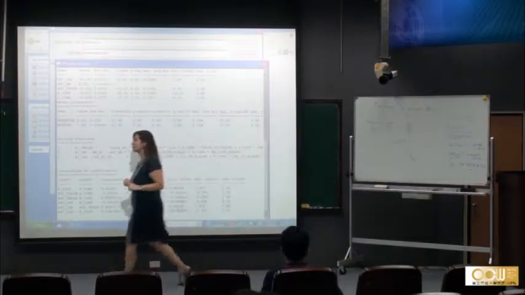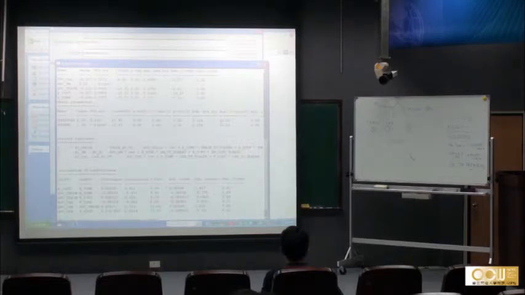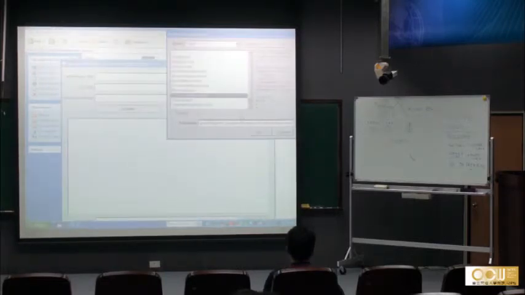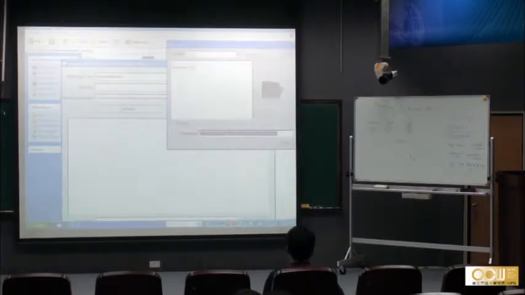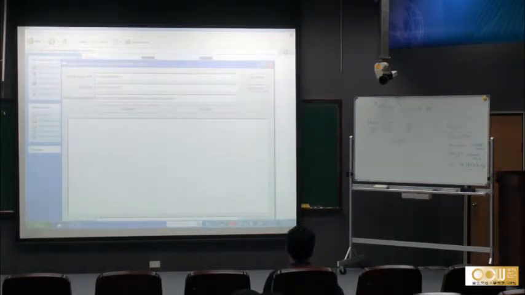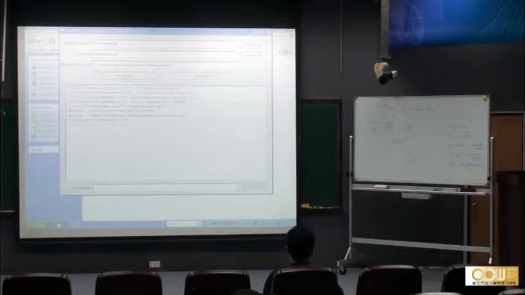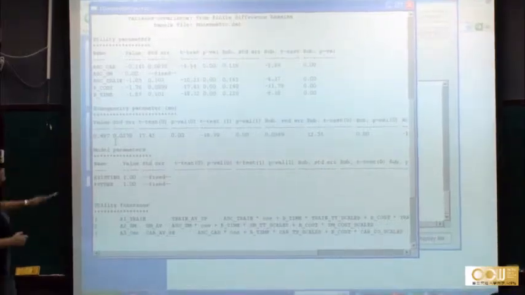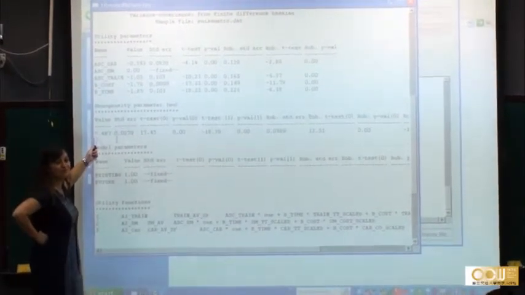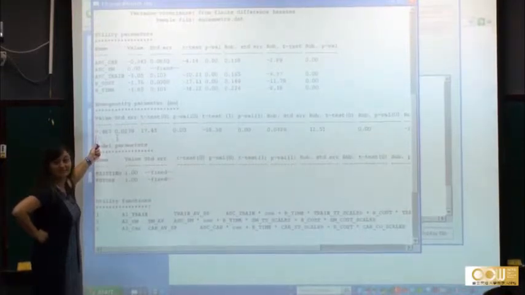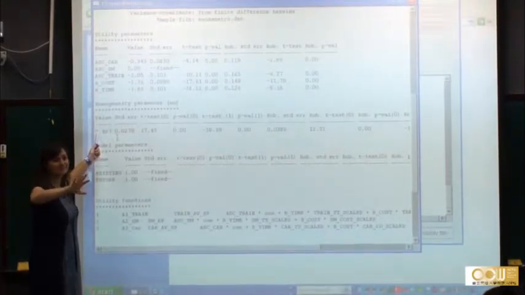This is called nested from the bottom. It's exactly the same model as before, except that the normalization is done from the bottom. So let's see what it's getting. Yes, it's 1 over 2, which is about 0.5, right? It's just the inverse.